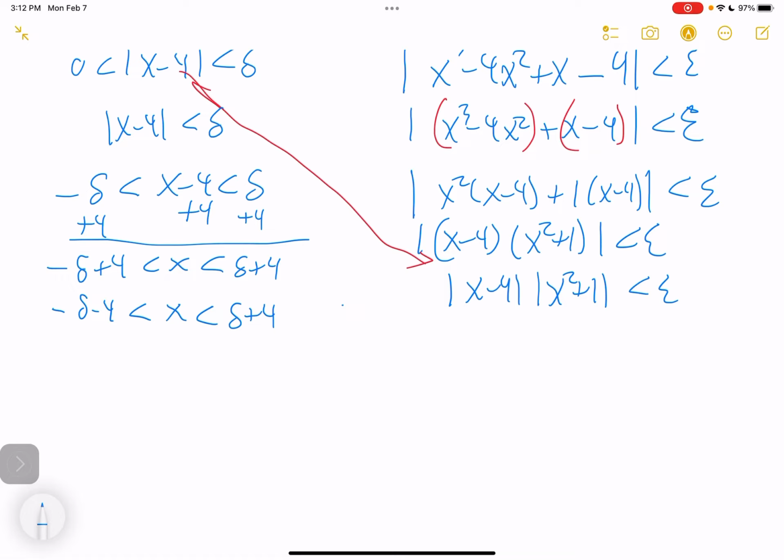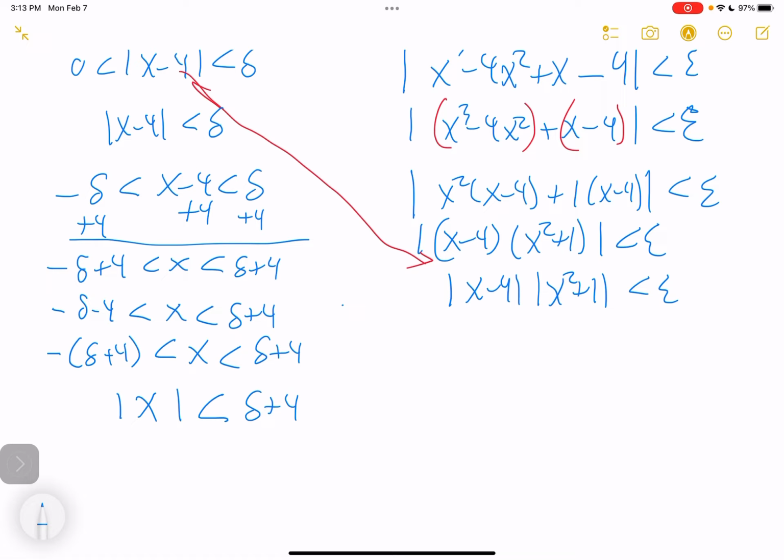And this allows us to then say the negative of delta plus 4 is less than x, less than delta plus 4. Now remember, our goal is to have that x in the middle become an x squared plus 1. So let me rewrite this as the absolute value of x is less than delta plus 4. I think that holds pretty well.